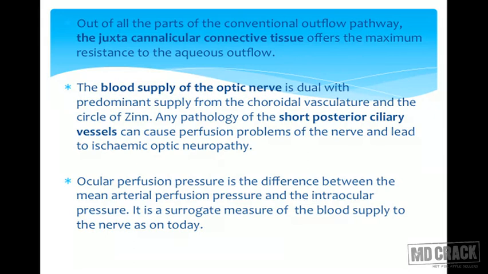This ischemic optic neuropathy can present as an ischemic optic neuropathy per se or a chronic optic neuropathy in terms of glaucoma. The ocular perfusion pressure, that is the difference between the mean arterial pressure and the intraocular pressure, is a very important factor in modern day glaucoma therapy, which can explain progression of glaucoma despite control of intraocular pressure or the incidence of normal tension glaucomas.